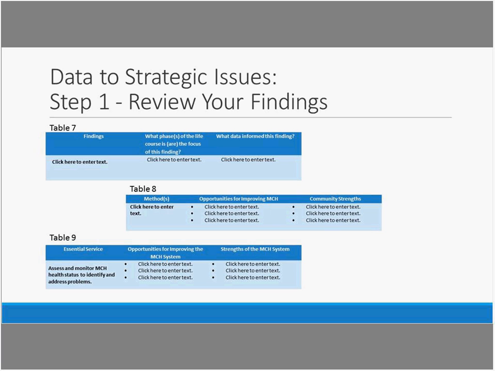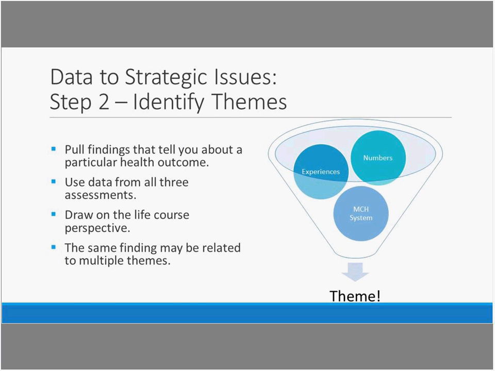So across all of these findings, you will begin to think about what they tell you in terms of themes. You'll pull findings together around a particular health outcome, and you'll use data from all 3 assessments. You might have noticed when you looked at your data that rates of breastfeeding are quite a bit lower than the rest of the state, and you're a little bit concerned about that and thinking that that's an opportunity for improvement.